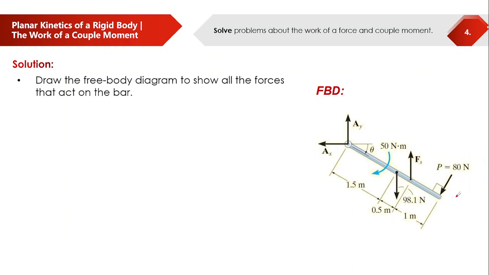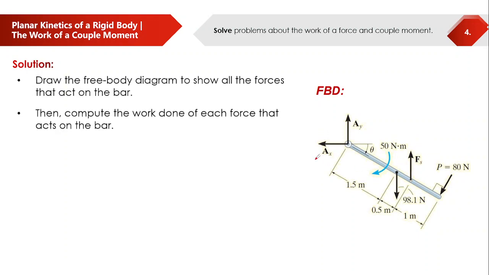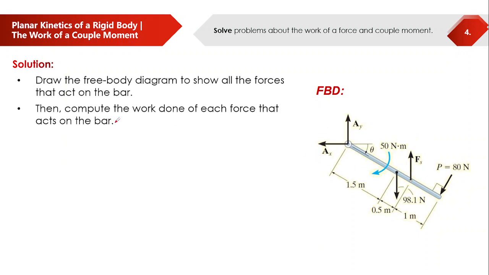Tsaka yung external force na nag-act sa bar natin. That will be 80 Newton. So yung weight is 10 kilograms, so that will be 10 times 9.81. That will be 98.1 Newton. To be determined po yung force ng spring natin. So compute the work done of each force that acts on the bar.